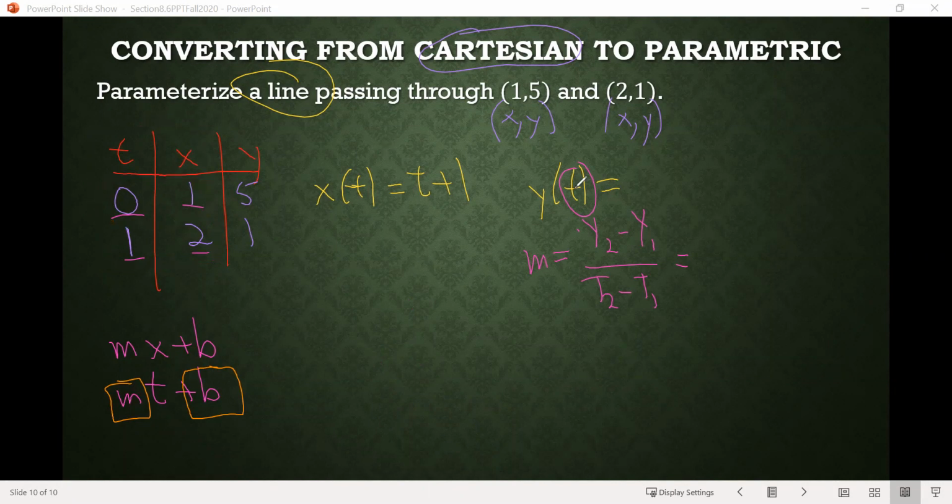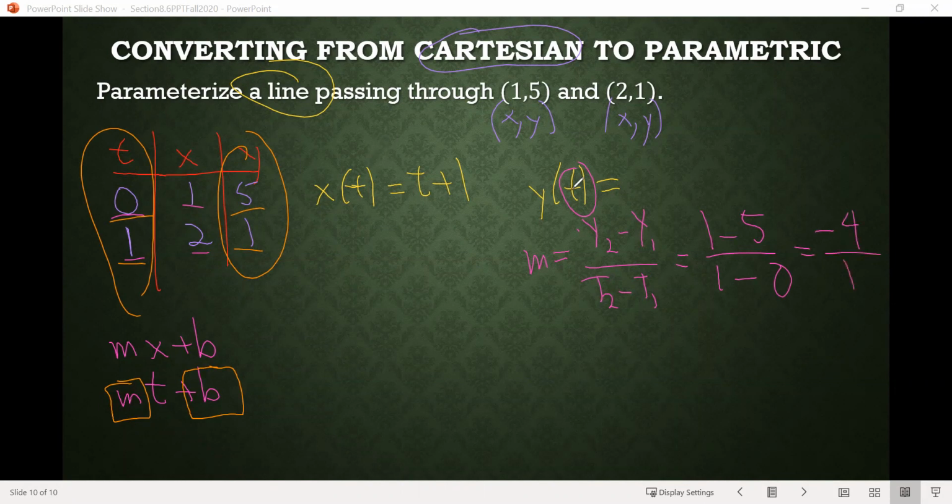And again, over here in our table, we're just looking at these values and these values. And I'll choose the 1 and 1 to be my y2 and t2, the 5 and 0 to be my y1 and t1. So this will give us 1 minus 5 over 1 minus 0, which will give us negative 4 over 1, which is negative 4. And that'll be our slope for our y equation.